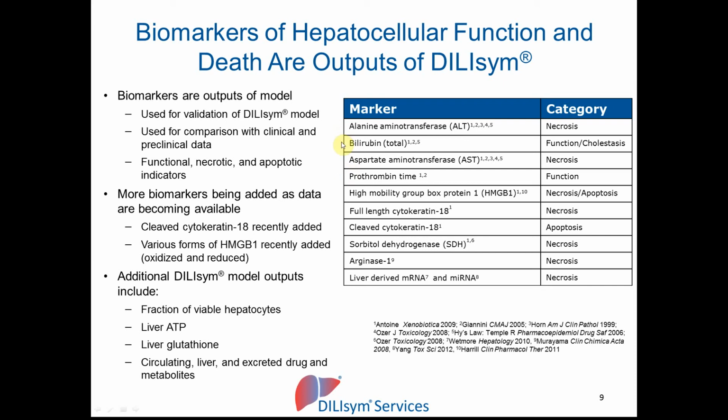All of those are included within DILIsym. We've also included some of the more recent emerging biomarkers of DILI, such as HMGB1, cytokeratin 18, both full-length and cleaved, SDH, arginase, and miR-122. These are all represented within DILIsym.